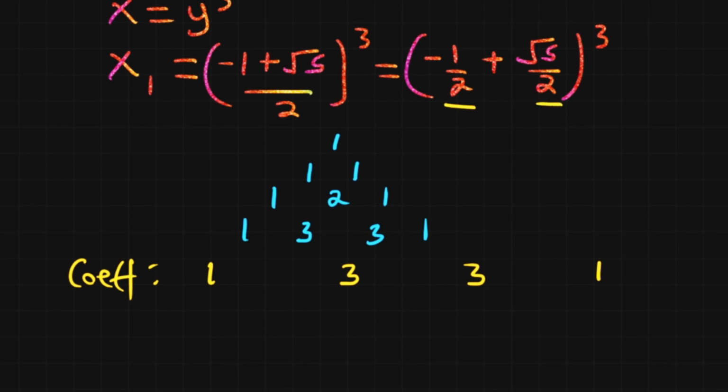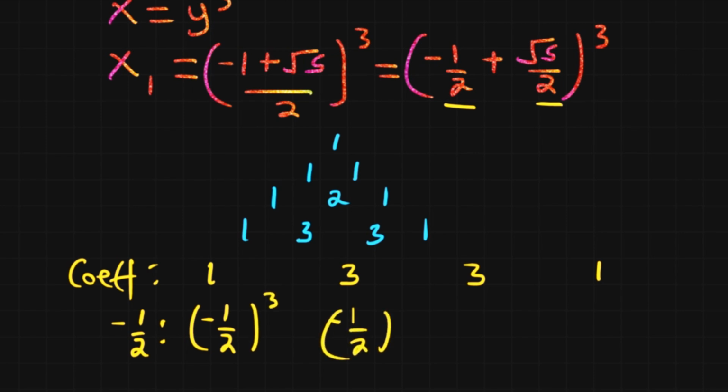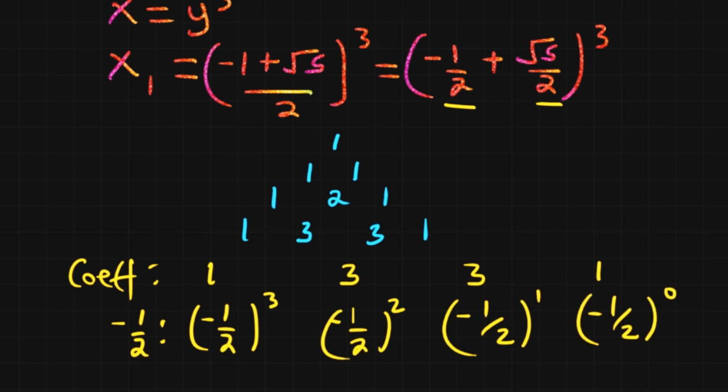Then we're also going to observe how the powers of a and b change across the expansion. So a in our case is negative half. The powers of a are reduced from n to 0. So it means at the beginning we're going to have minus half raised to power 3, then minus half raised to power 2, then minus half raised to power 1, and finally minus half raised to power 0.